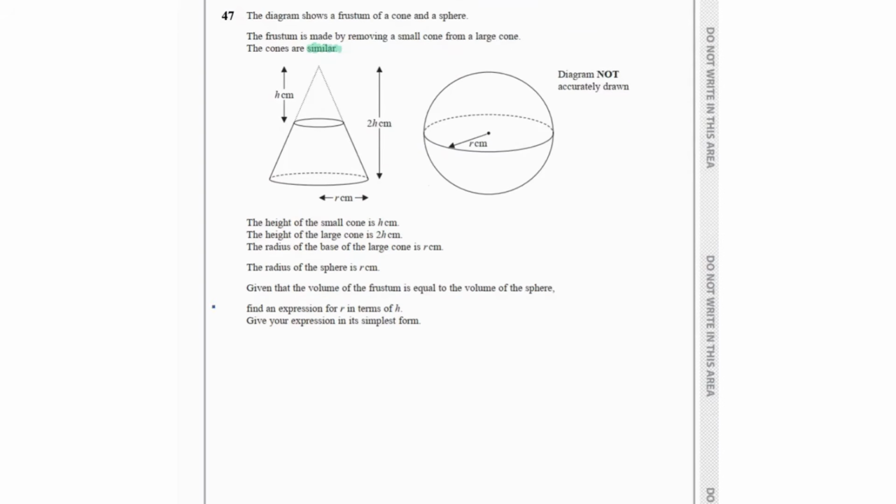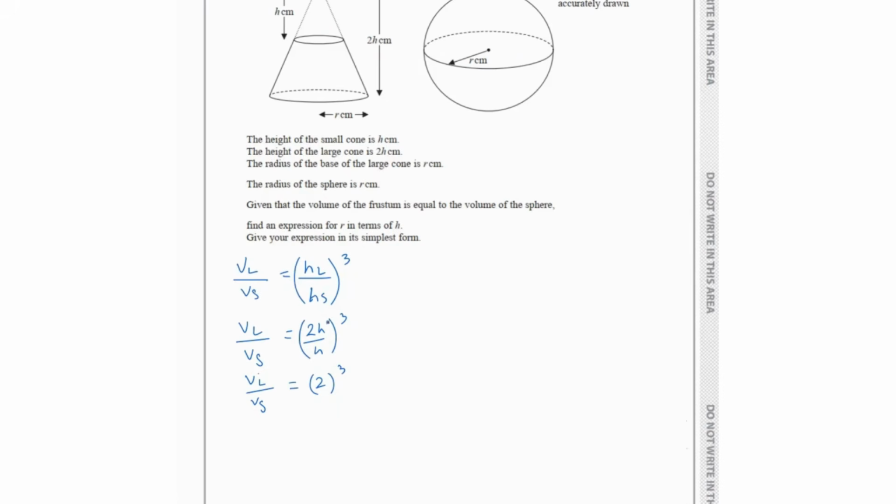We know when you talk about the volume in similar shapes, volume of large shape divided by volume of small shape is equal to height of large divided by height of small, whole cubed. So volume of large divided by volume of small is going to be (2h over h) cubed, which is 2 cubed, and that's going to give us 8 because the h gets cancelled out.